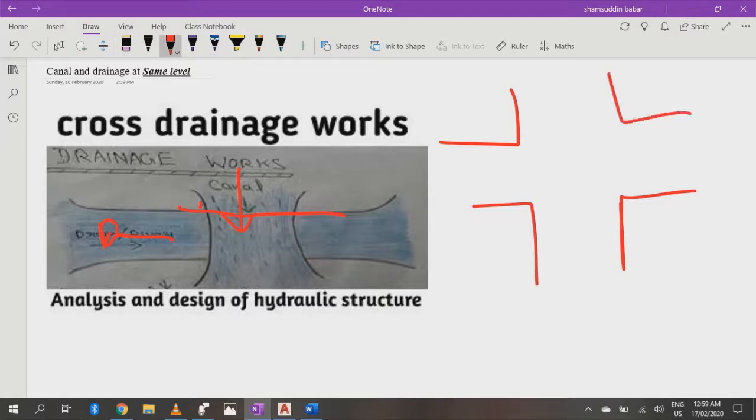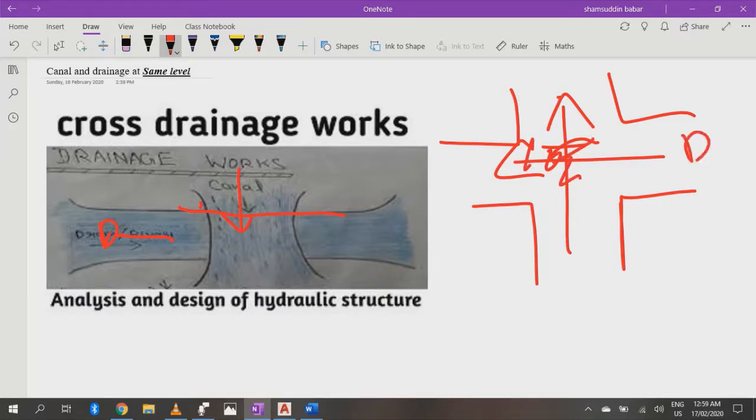If this is canal, this is drain, these are mixing here, all water molecules are mixing here, but make sure that this drain water should be suitable for irrigation purposes. And the structure made here is known as level crossing.